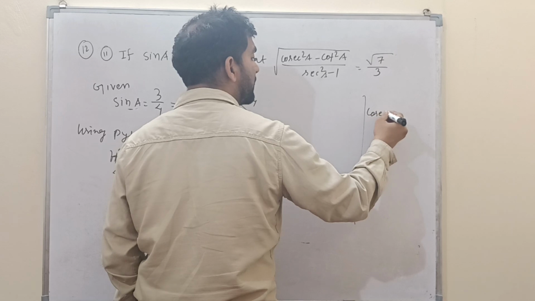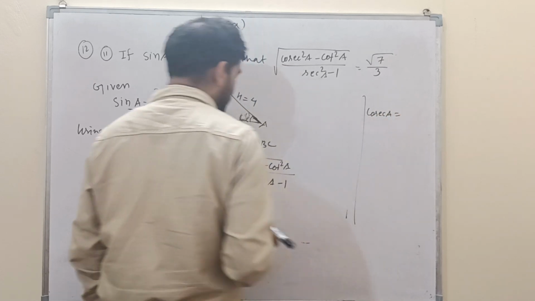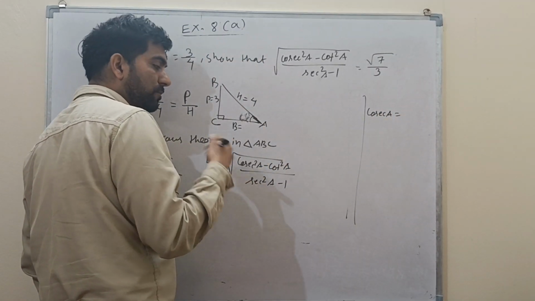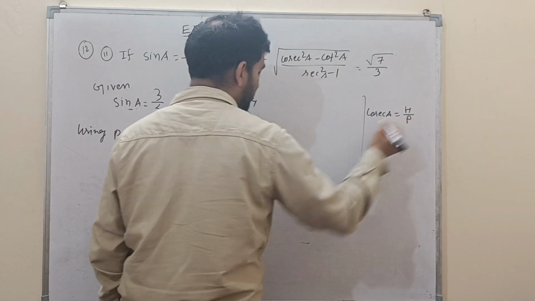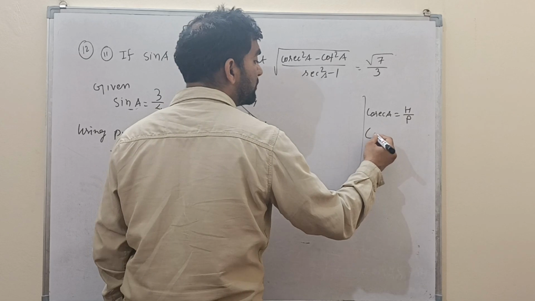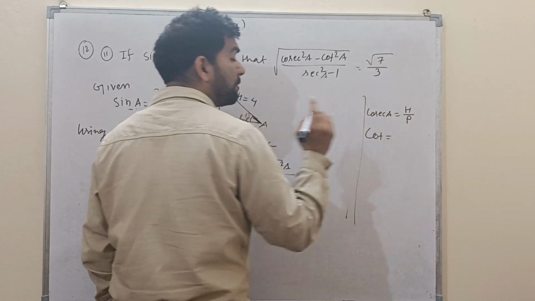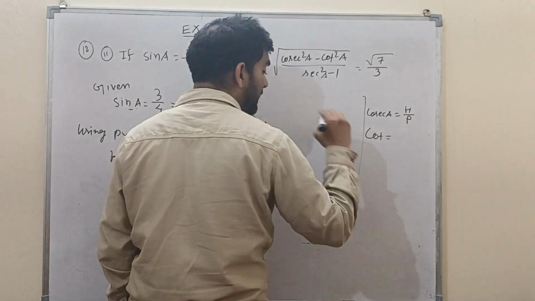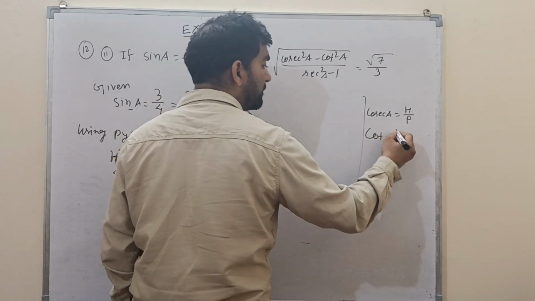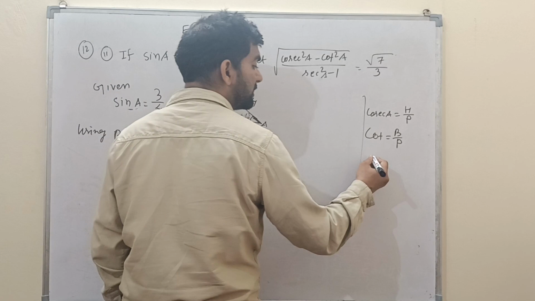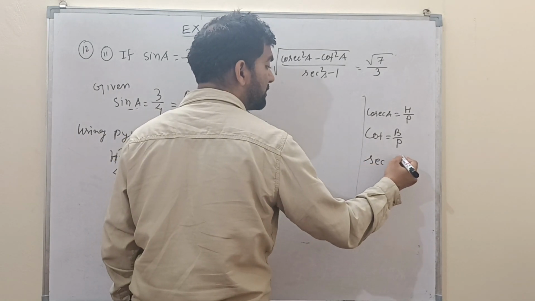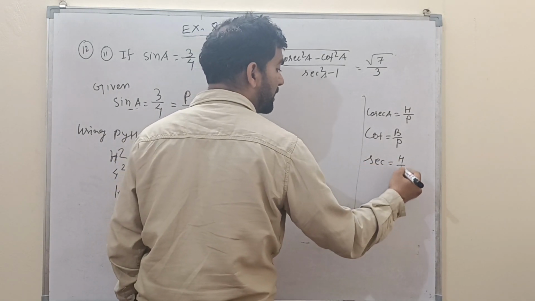Cosec is the inverse of sine, and sine is perpendicular by hypotenuse, so cosec is hypotenuse by perpendicular. Cot is the inverse of tan, and tan theta is perpendicular by base, so cot will be base by perpendicular. Next, sec is the inverse of cos, and cos is base by hypotenuse, so sec will be hypotenuse by base.